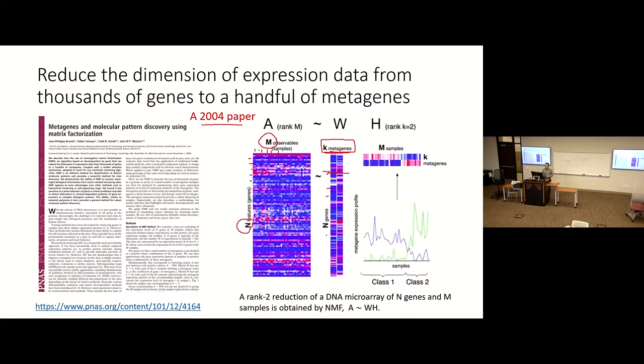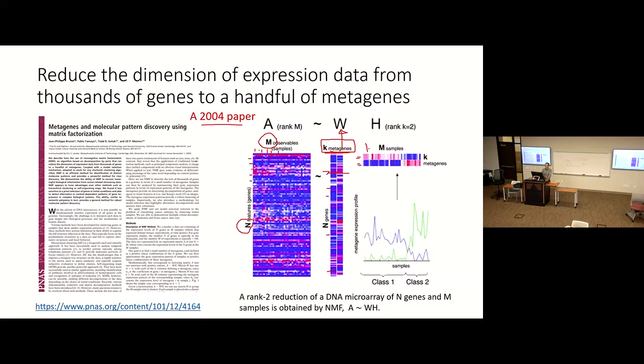Some genes may be blue in the first one and red in the other, so they are involved more in the second program, while other genes may have the opposite expression. So you get this W matrix, which tells you the involvement of each individual gene in the corresponding meta-gene expression program.